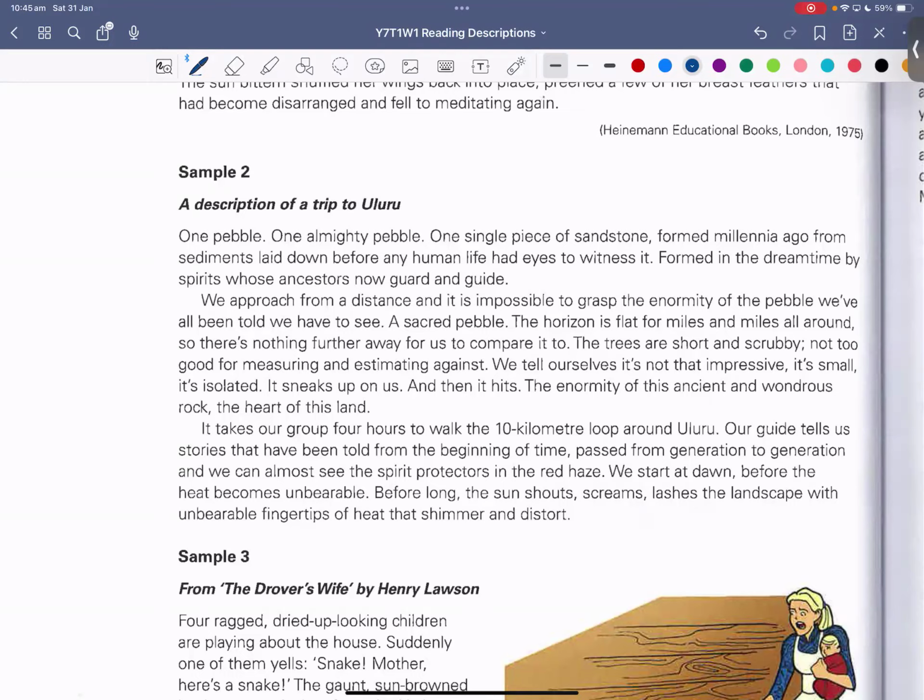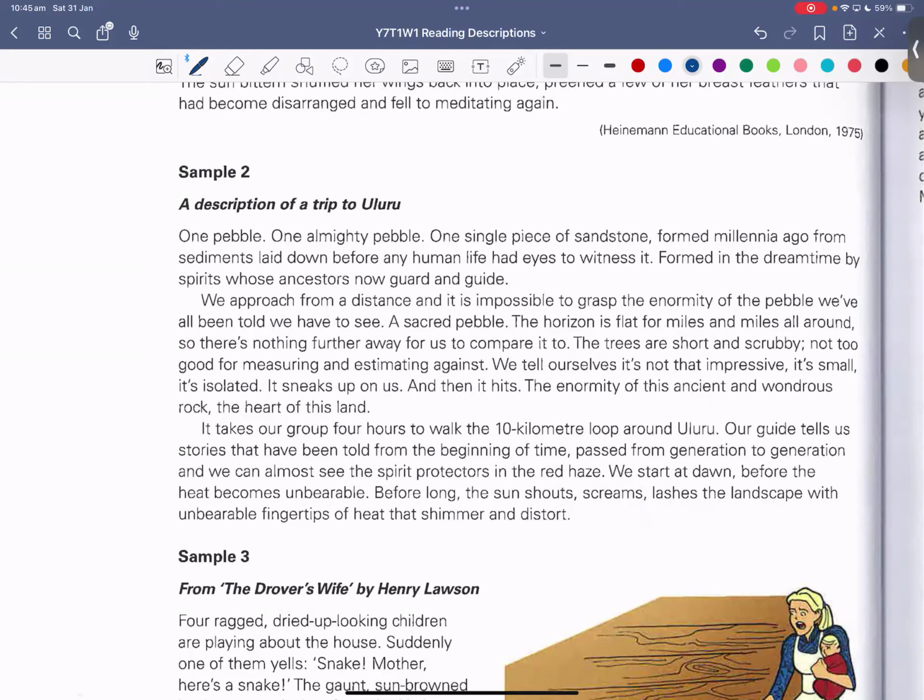Inheritance. The trees are short and scrubby, not too good for measuring and estimating strength. We tell ourselves it's not that impressive. It's small. It's isolated. Its roots are shallow. And then it hits. The enormity of this action and wondrous rock, the haunted land. Our group takes 4 hours to walk the 10-kilometer route around Uluru.